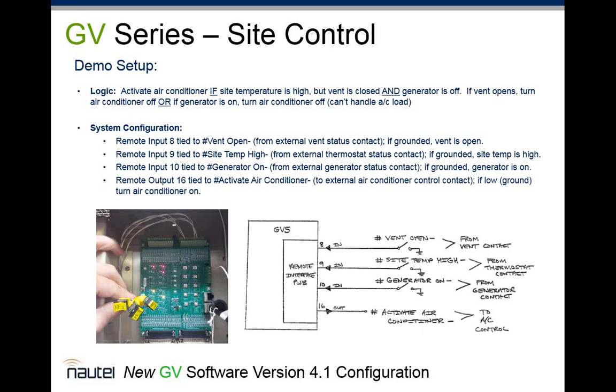So that little convention suggests it's a digital state and it's active low. So if the switch would close, therefore grounding input 8, the input would be considered true. And we'll go into the actual setup of the AUI and the remote I/O pages, but this is just giving you a rundown of how it's configured.